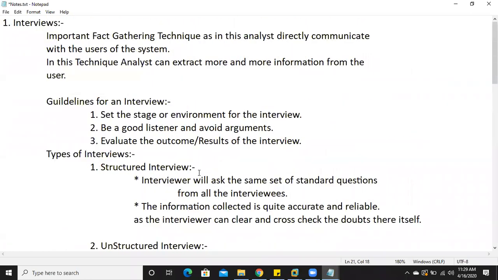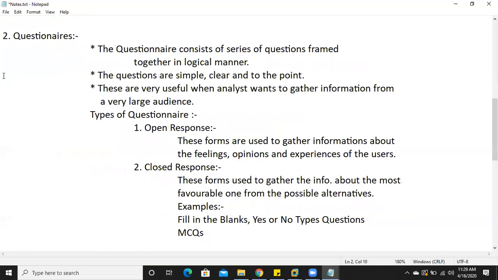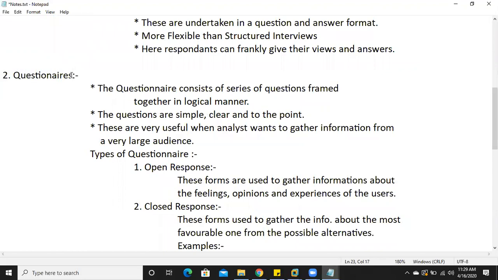So this is all about the first type of fact gathering technique, which is interviews. Our next fact gathering technique is questionnaires. You can say that a questionnaire is a kind of form you fill.